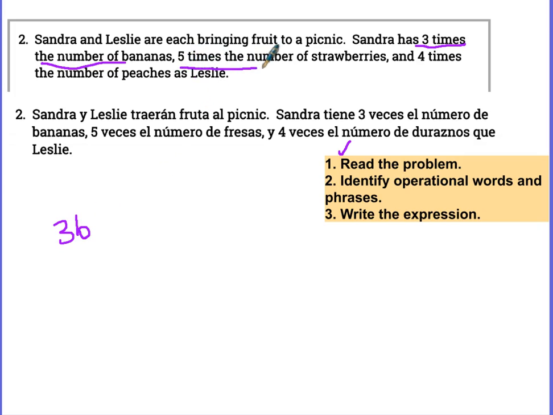She has 5 times the number of strawberries. Well, if I want to know the total amount, I'm going to be adding, and then I'm going to have 5 times the number of strawberries and 4 times the number of peaches, plus 4 times P for the number of peaches that Leslie has.